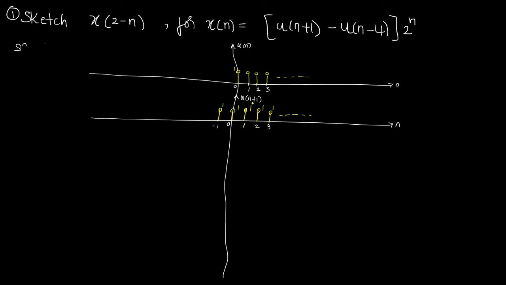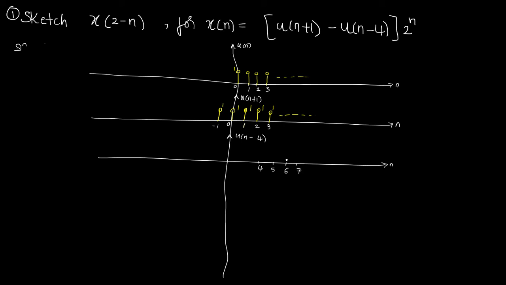After sketching u of n plus 1, what else do you require? U of n minus 4. Let us sketch u of n minus 4. U of n minus 4 is a right shifted version of the u of n signal by 4 units. So 0 will go to 4, 1 will go to 5, 2 will go to 6, and so on.